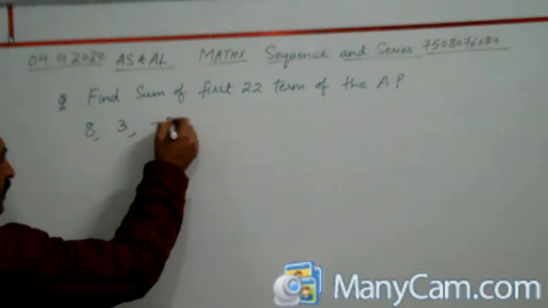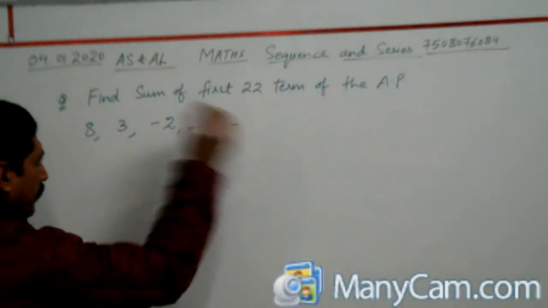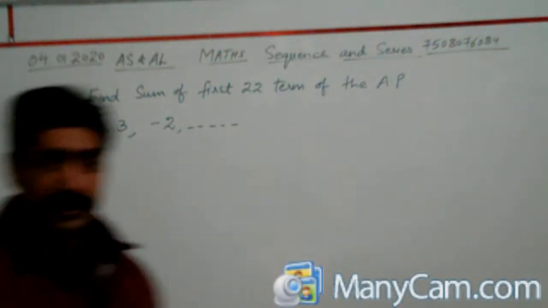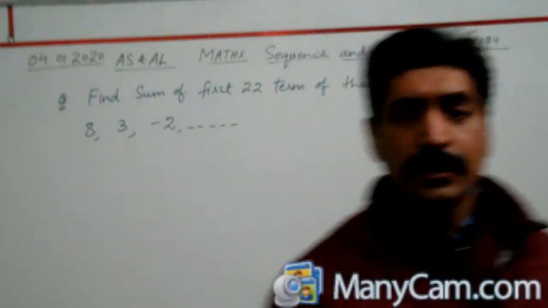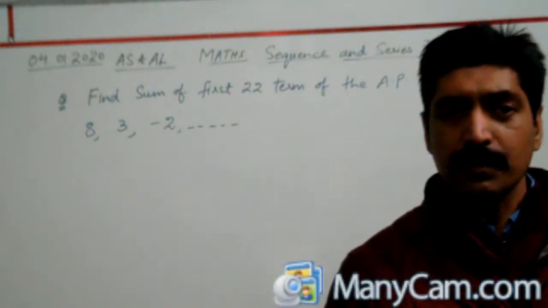We have to find the sum of the first 22 terms of the AP.